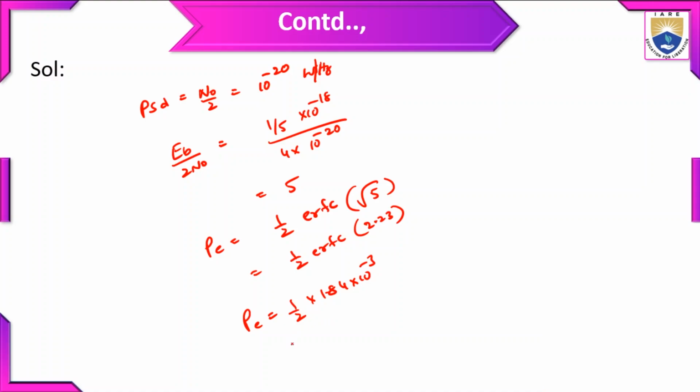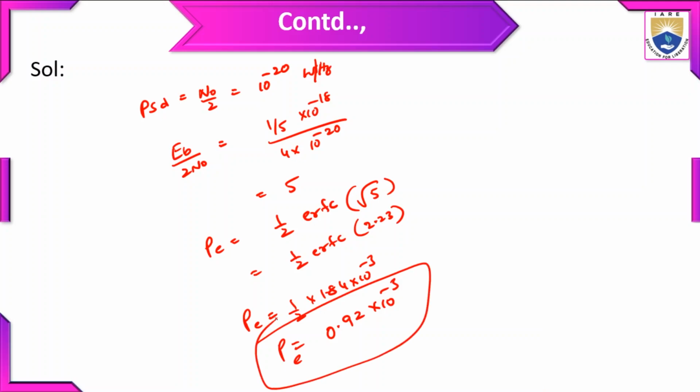Okay. So finally 0.92 into 10 power minus 3. So this is the probability of error of FSK. So we must have the erfc table. Or they will give it in the problem, the erfc value.